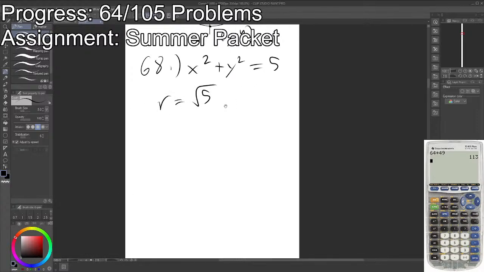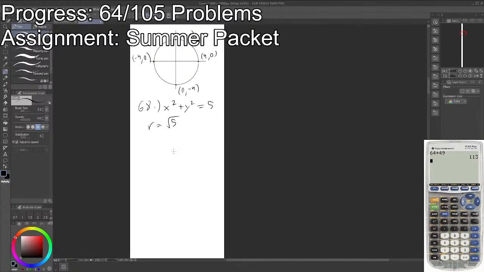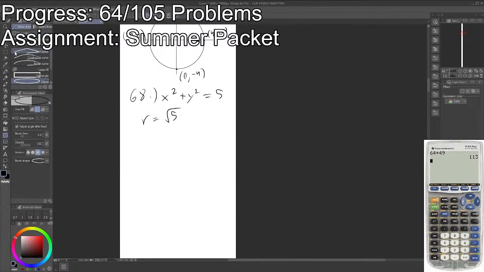R equals square root of 5. My calculator disappeared. Nice. Okay.